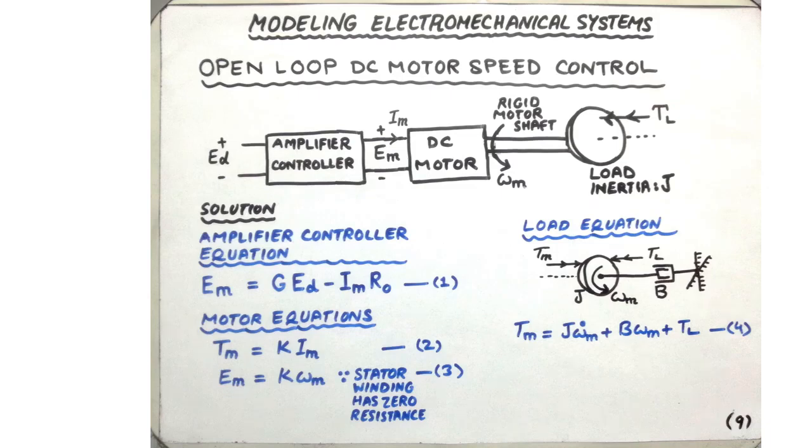So if we start from the left hand side of the system, we find the amplifier controller whose input is ED and the output is the voltage at the input of the DC motor and the current entering the DC motor, EM and IM respectively. This first equation will be the equation of the amplifier controller without feedback. So there is only one input, that is ED.